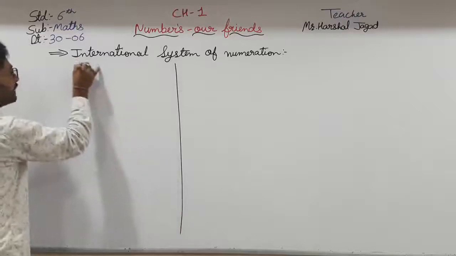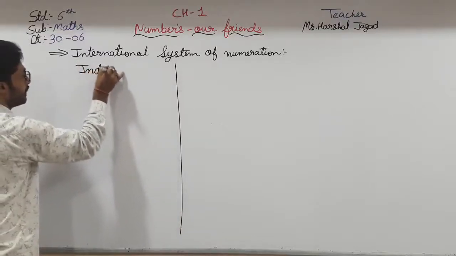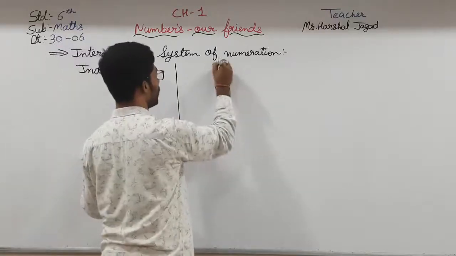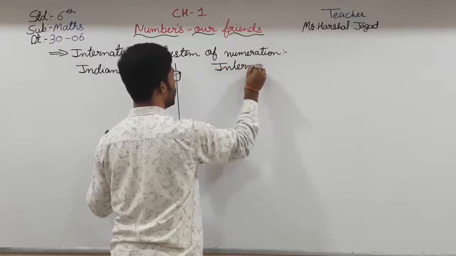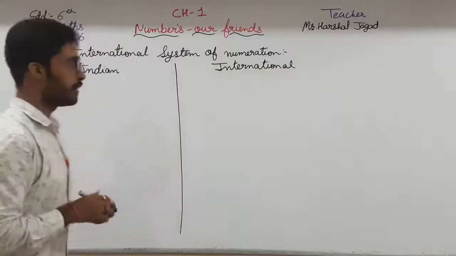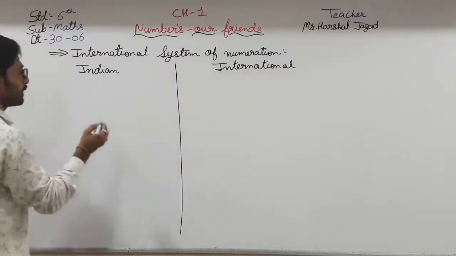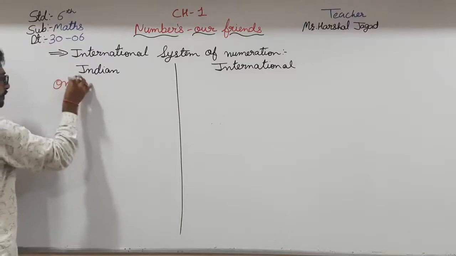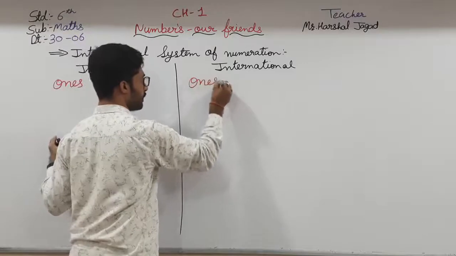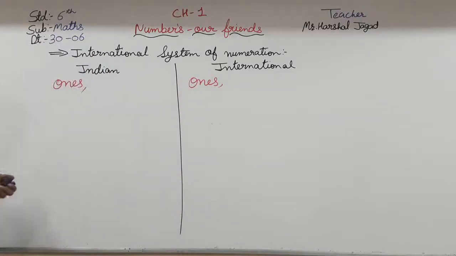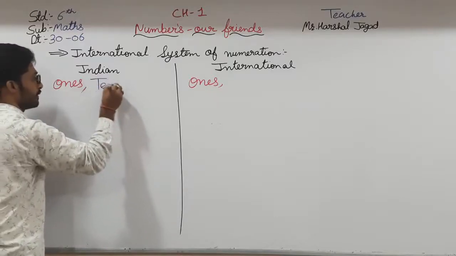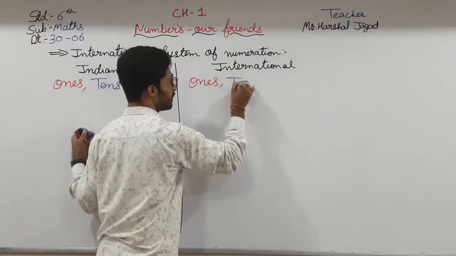Here I am writing Indian system, and on the other hand I am writing international. So what comes here? First it will be ones place, and here it will also be ones place. Then after comes tens place in the Indian system, and here it is also tens place.